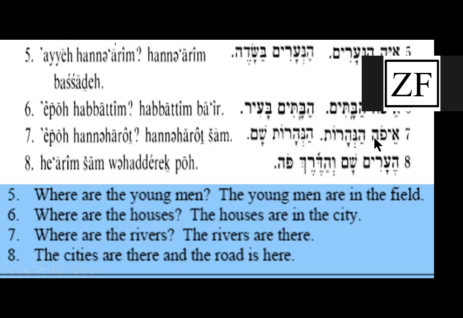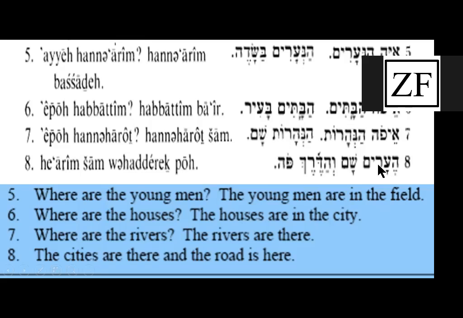Okay, Eifo Hanaharot. So Nahar is river. So Naharot is plural rivers, the rivers. Where are the rivers? Perfect. Hanaharot, Sham, and Sham meant there. So the rivers are there.